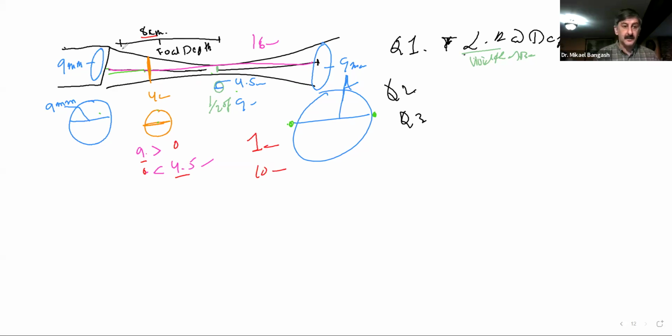It can't be 9 millimeters because that would have been the width of the beam here. It could be 5 millimeters because 5 is lesser than 9 but greater than 4.5. It can't be 14 millimeters because that would be the diameter of the beam out here, where the beam had diverged more than where it was here.